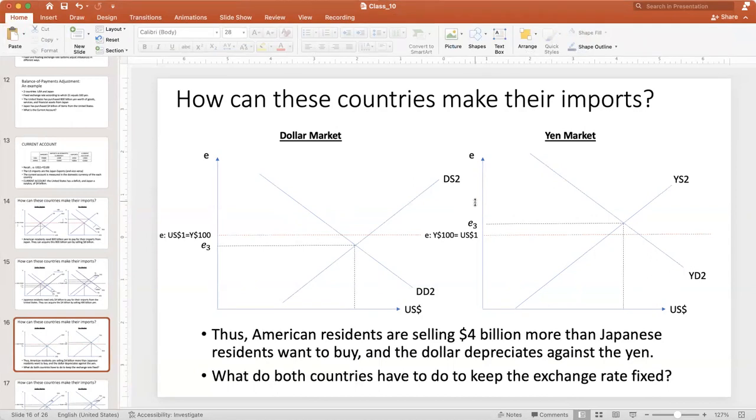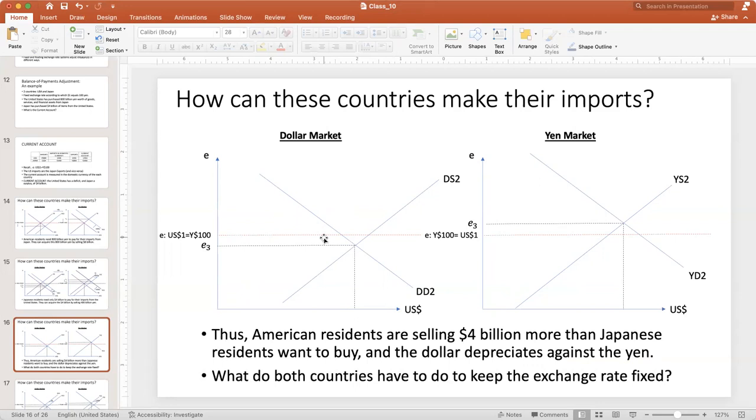So what do both countries have to do to keep the exchange rate fixed? Because if we are in a fixed exchange rate, the fixed level is $1 equals 100 yen.